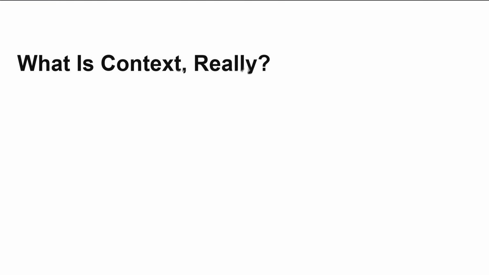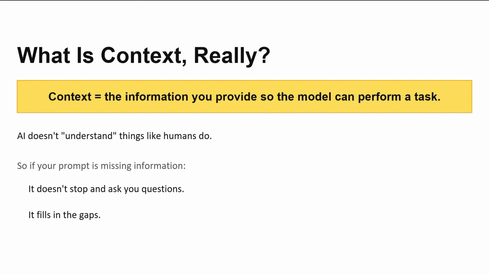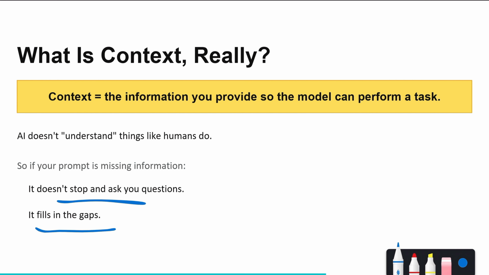Now, when we talk about context, what do we really mean? Context is the information you provide so the model can perform a task. And AI doesn't understand things like humans do. It predicts based on patterns. So if your prompt is missing information, it doesn't stop and ask you for clarifications or questions. Right? It fills in the gaps on its own. And this is where hallucinations happen.